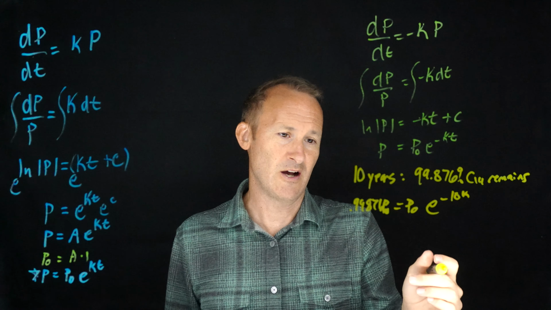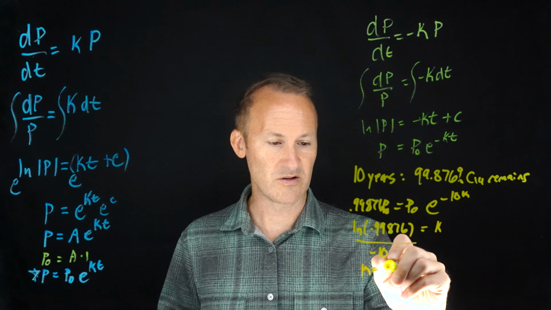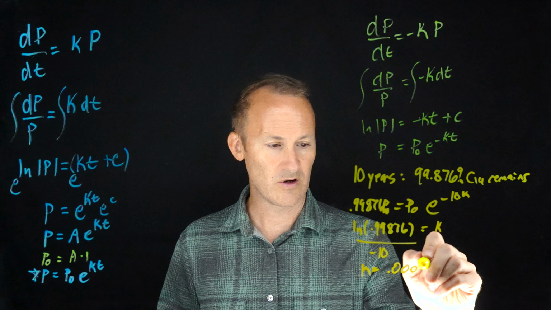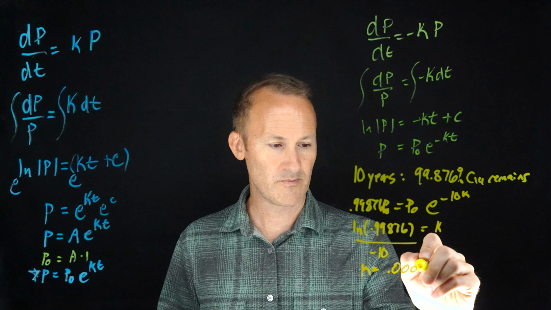So it would just be k divided by negative 10. That would then give us the solution of k equals 0.000124.